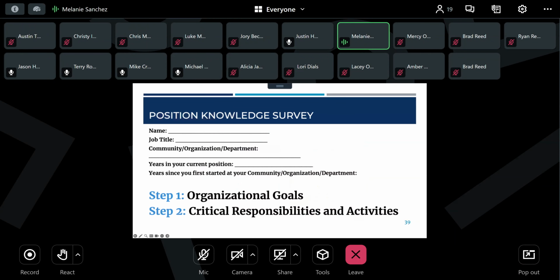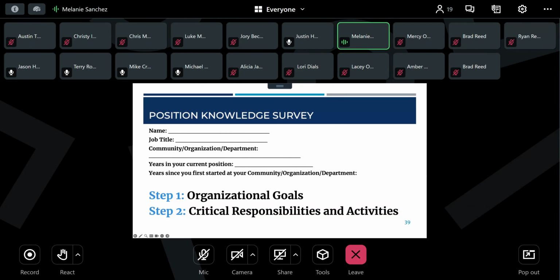So now I'm going to go over what a position knowledge survey is. It's basically just a structured, systematic tool that can be used within your organization to assess and document knowledge, skills, competencies, and responsibilities required for a specific job or position.